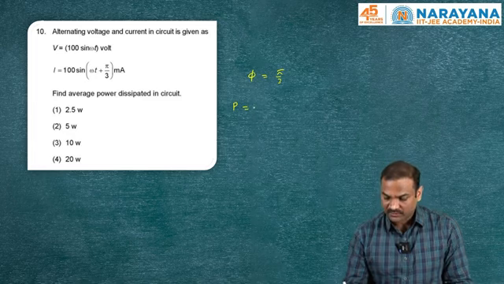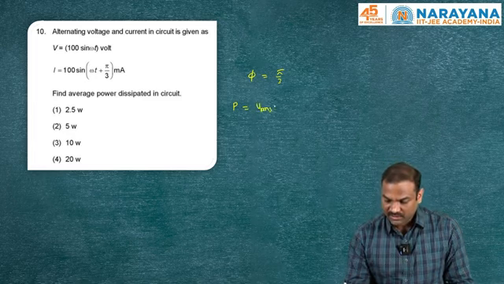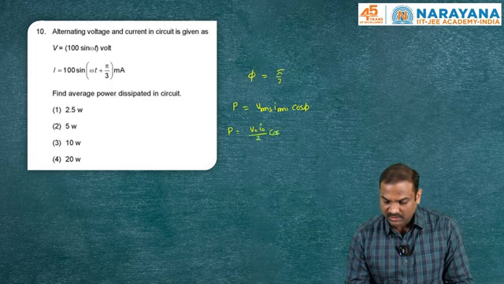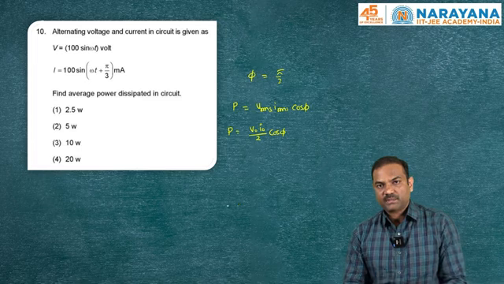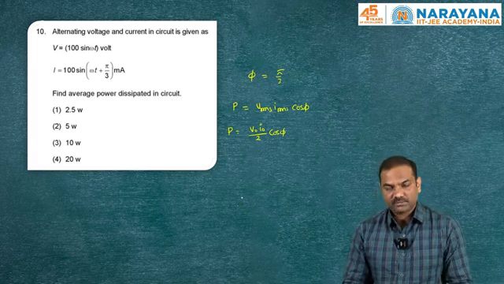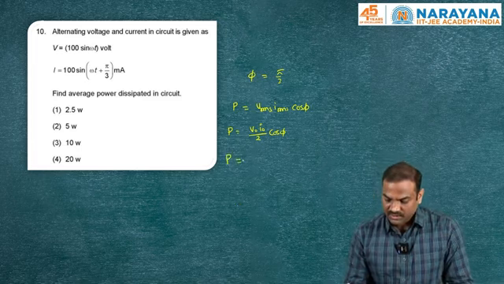So we can go with the direct formula, that is Vrms into Irms into cos phi. Then the power is Vrms, which is nothing but V naught by root 2, into I naught by root 2. I can write V naught I naught by 2 cos phi. In my formula, V naught and I naught refer to maximum values or peak values. Then power is V naught 100, and I naught also 100, by 2.